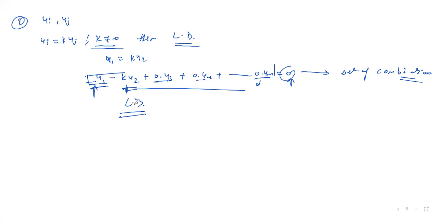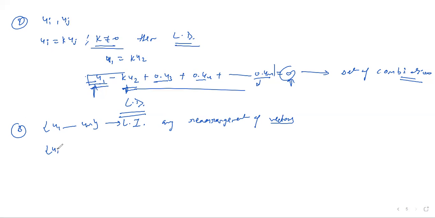Okay, now when the set of vectors u1, u2 to um is linearly independent, then any rearrangement of these vectors, let's say ui1, ui2 to uim, is also linearly independent.